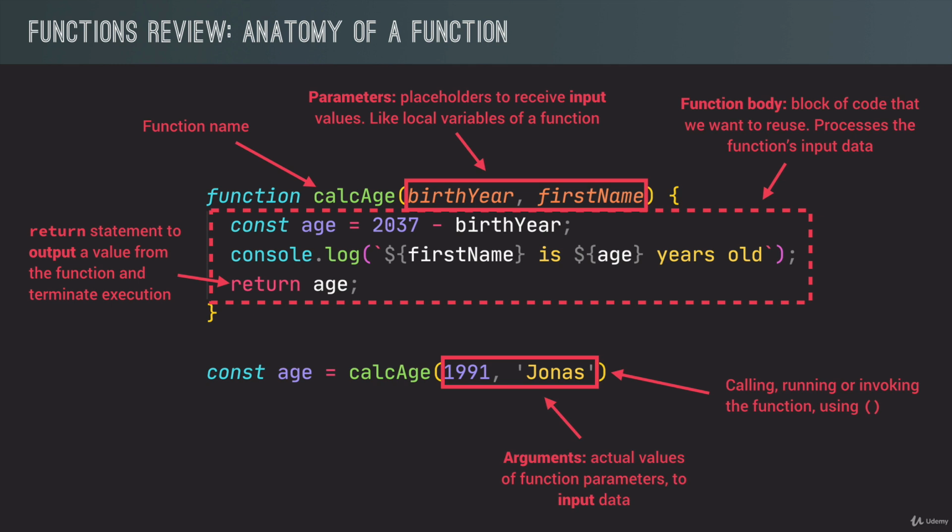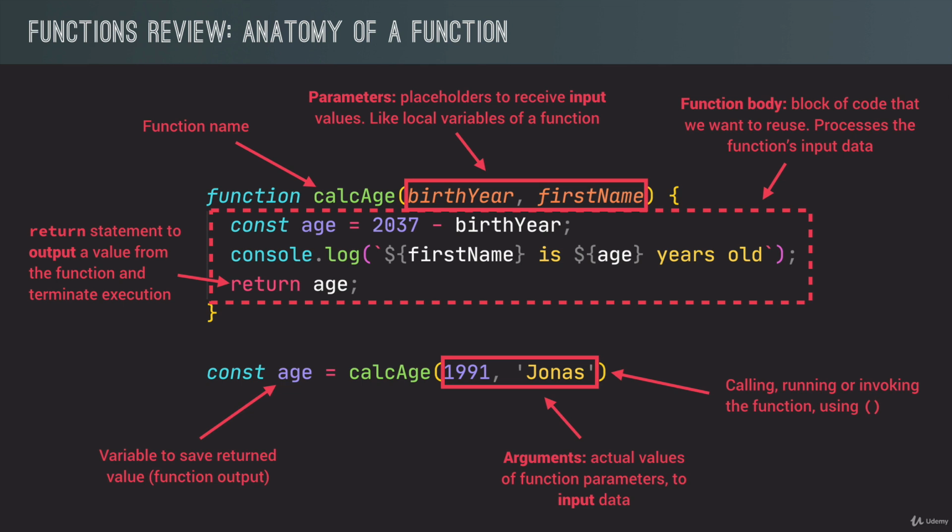Then, once the calc_age function has finally done its job, then all this expression will basically be replaced with the returned value. So in this case, the age that was replaced here. And that age value is what we then store into this age variable. So we use this variable to basically save the returned value that was outputted from the function.